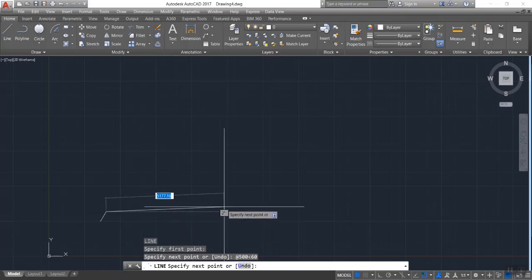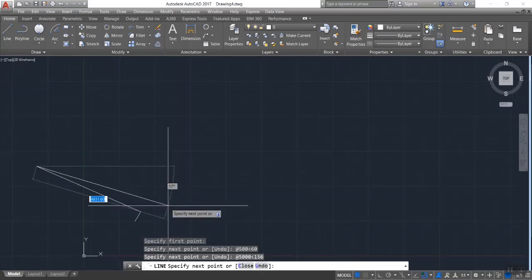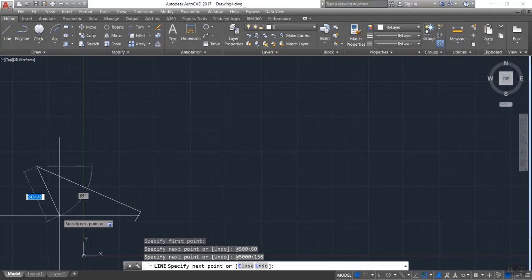Now let's say I need one more line, so at the rate, and then I need a line of 5000 units, okay, and then angle, and then I need an angle of, let's take a higher value, let's put 155 or 156 degrees, okay, and I got a line of 156 degrees from the 0.